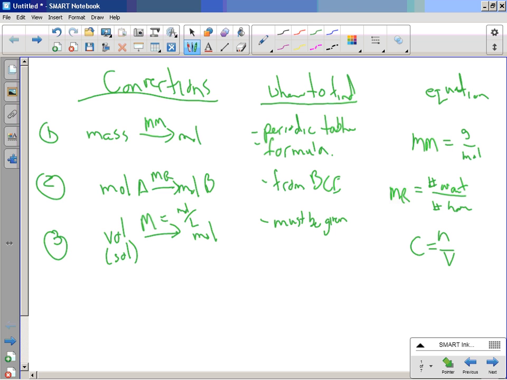And that's because any solution can really have any concentration depending on the scientist who made the solution. All right? Now, I've already mentioned that it really can't have any. You can't have an infinite number for moles per liter. There will be a maximum where it then can't dissolve anymore.